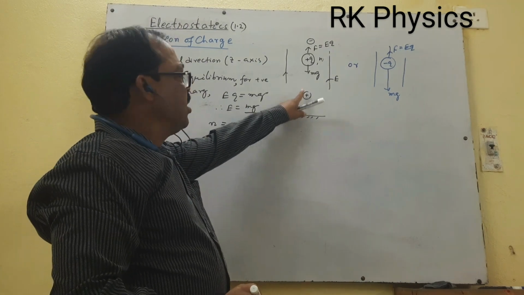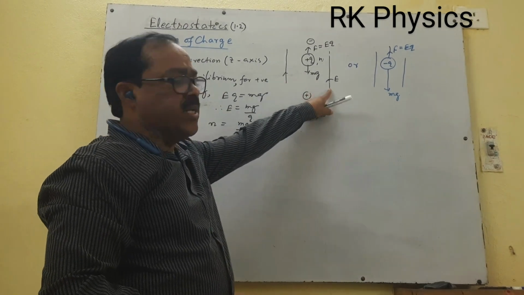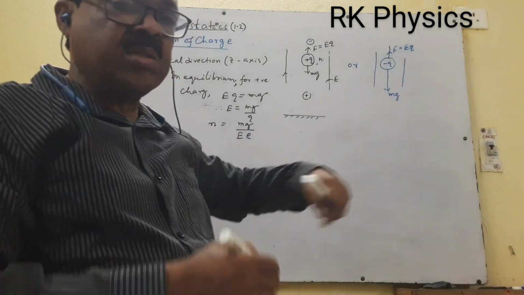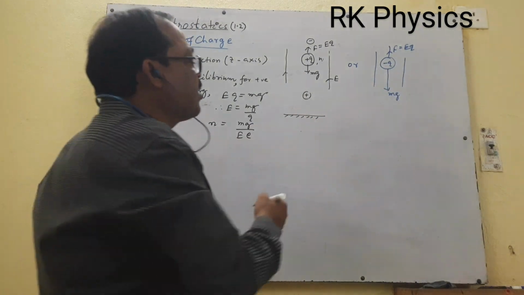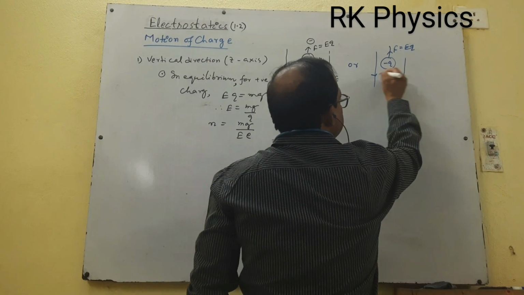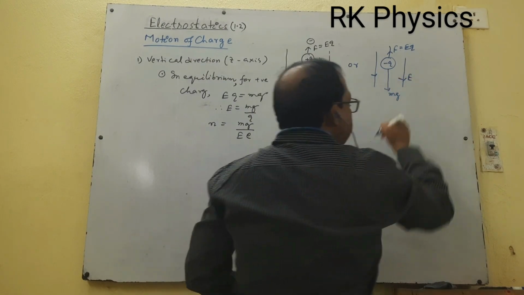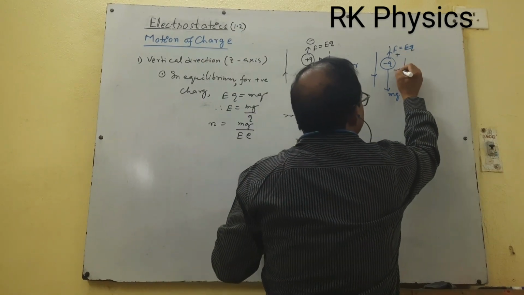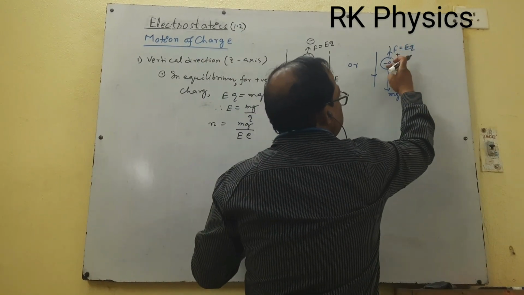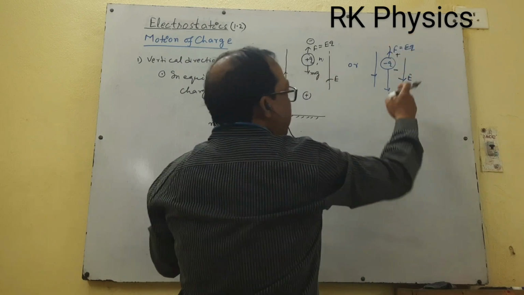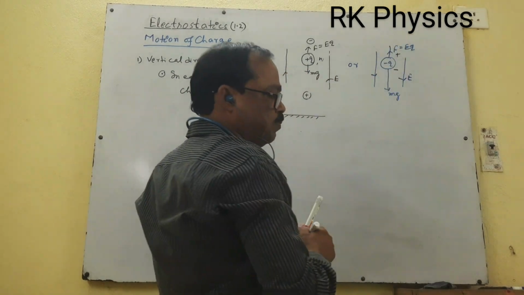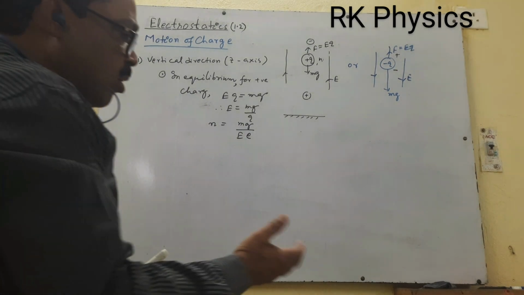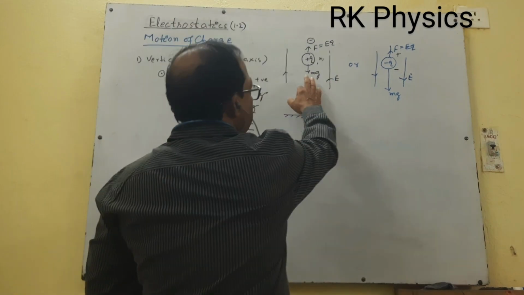So here, if it is a positive charge, direction of E is opposite to mg. But here, what is the direction of electric field? The direction of electric field must be along mg, because electric field direction is from plus to minus. So plus minus attraction and minus repulsion. Therefore, the charge will experience resultant force along z axis upward, here also upward.